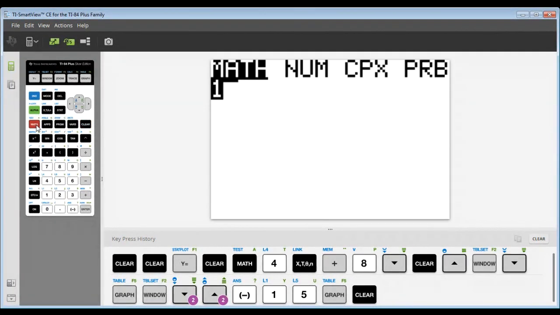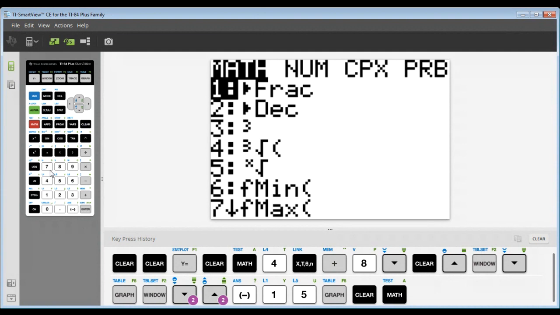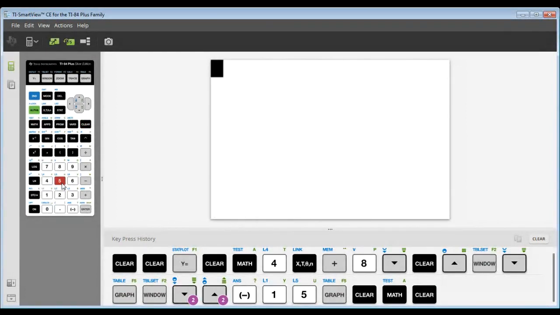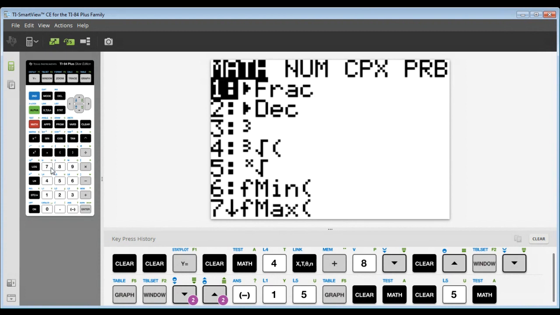So I hit math again, and then I do this. Let's go, do 5, and then I go to math, and I'm trying to hit this because it says the x root, right? So I do 5.